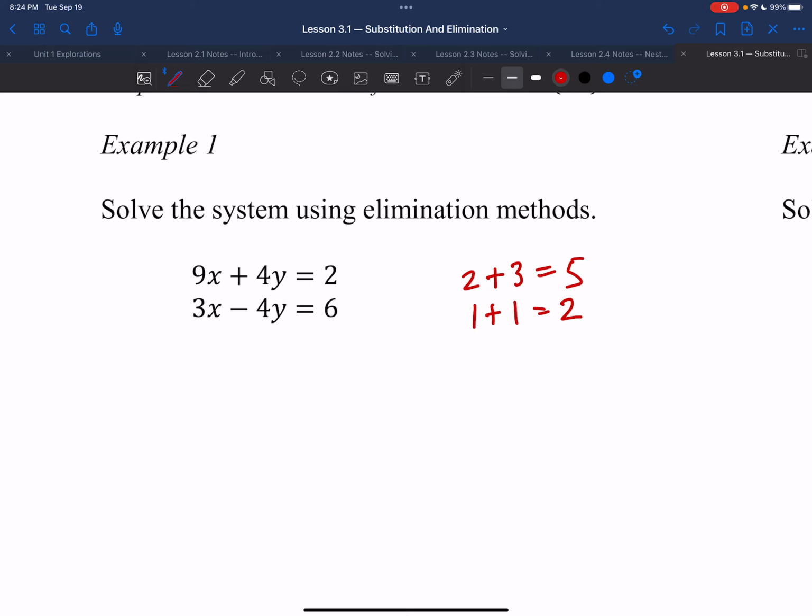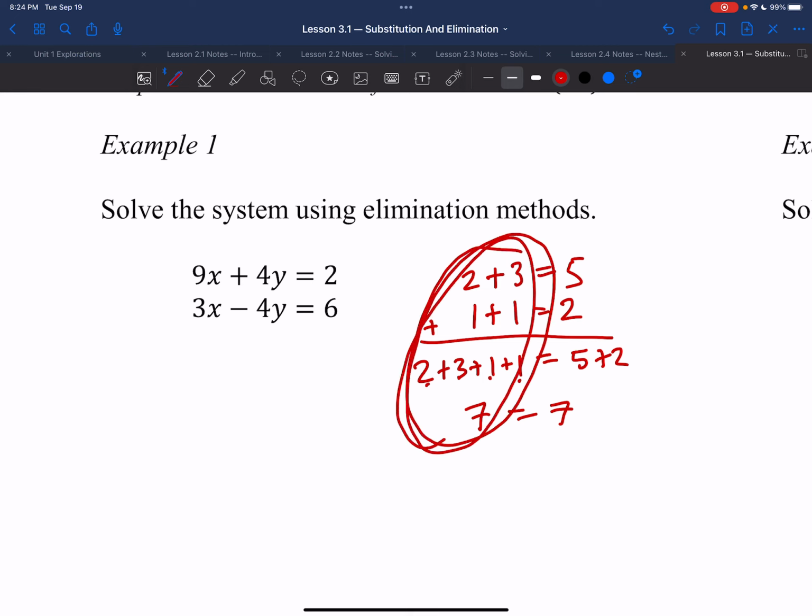And then I would ask, would you agree that if I add the left side of the equation, I have 2 plus 3 plus 1 plus 1, and if I add the right side of the equation, I get 5 plus 2? And 2 plus 3 plus 1 plus 1 is 7, and 5 plus 2 is 7. So would you agree that this equality stands, right?